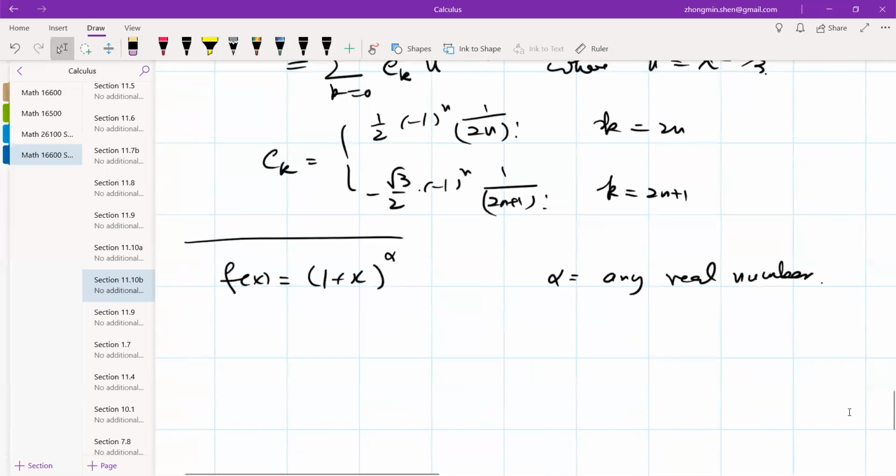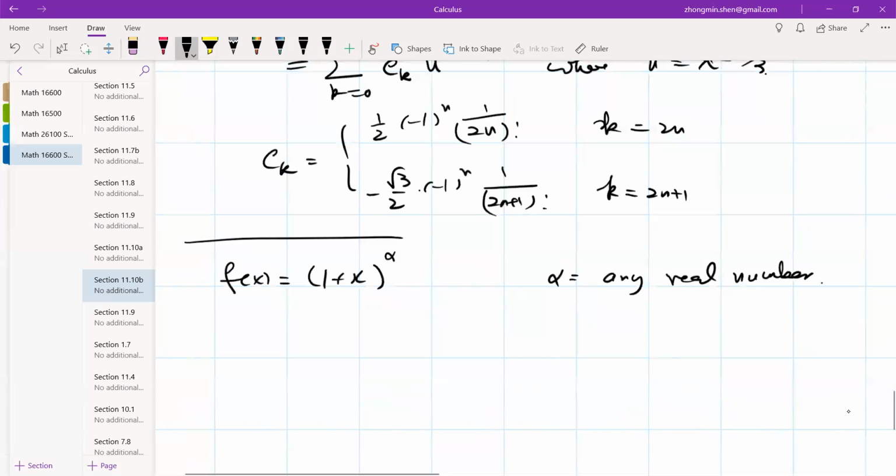Let's try to find a power series representation for this. I know this can be defined, and f is differentiable for any x greater than or equal to -1. So this is differentiable as many times as you want on the interval.